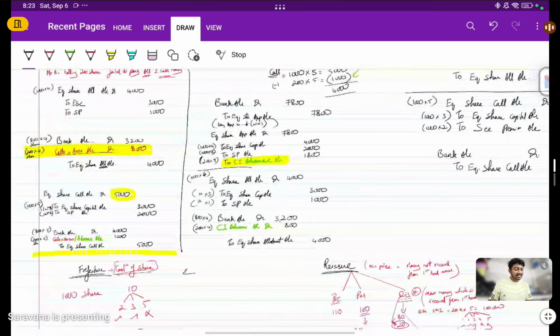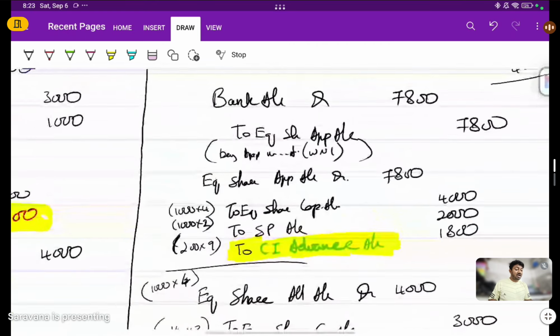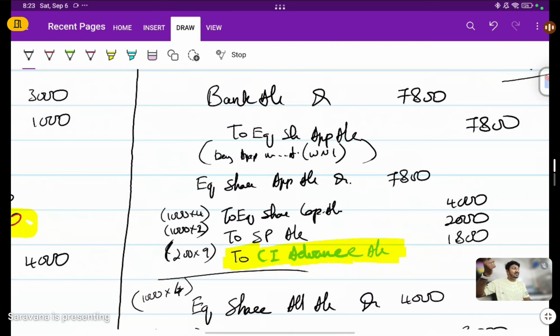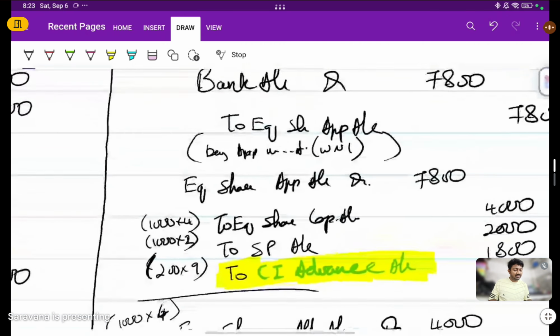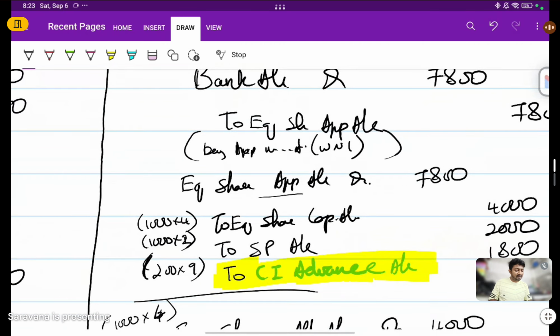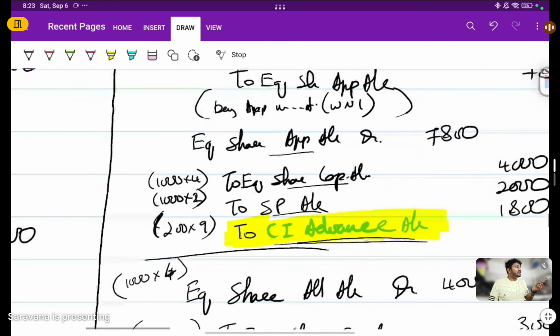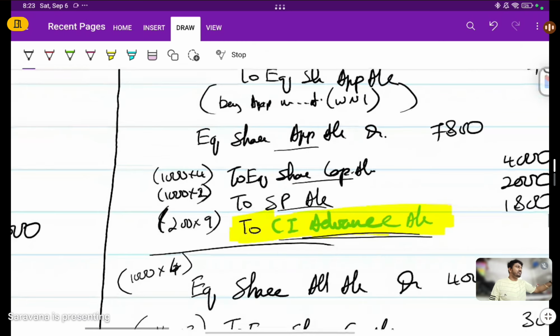And then, what other entries are there? Calls in advance. Calls in arrears is debited, calls in advance is credited. What is the journal entry? Equity share application account debit to equity share capital, security premium, to calls in advance. If it is calls in advance in application, it should be credited. In allotment, calls in advance to equity share allotment, it should be credited.